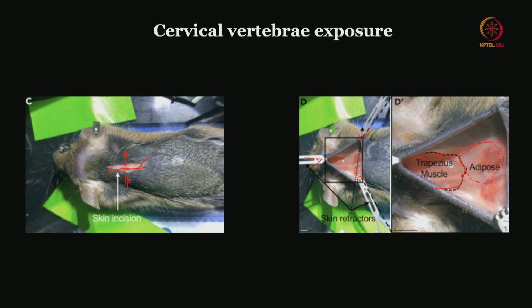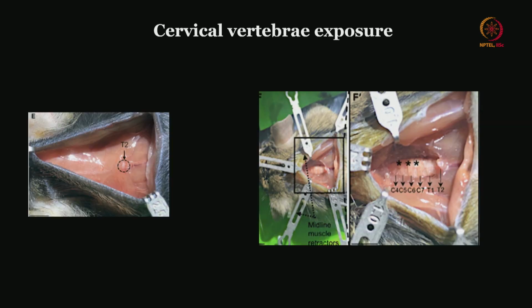One of the commonly used retractors is something like a cat's paw retractor. Those retractors will be used on the edges, and this exposure is maintained until the muscle is exposed. Once that is exposed, the first bony prominence that is seen is always the T2 spinous process.